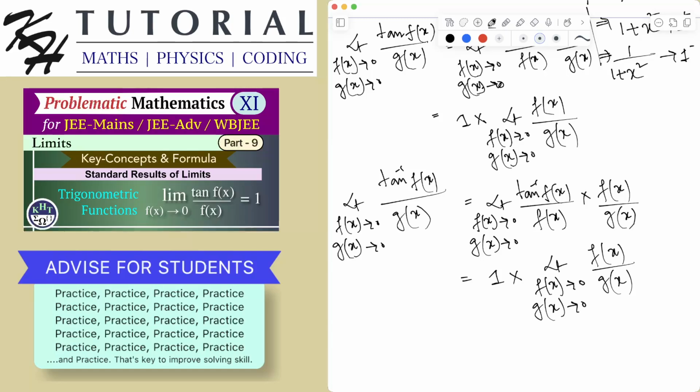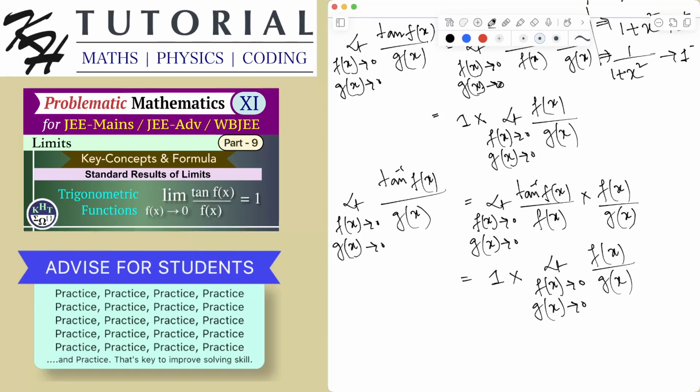Since both f(x) and g(x) are tending to 0, whatever the tending value of x is given in the problem, using L'Hopital's rule or any other methods, in most cases you will be able to solve this limiting value. So you can apply this technique.